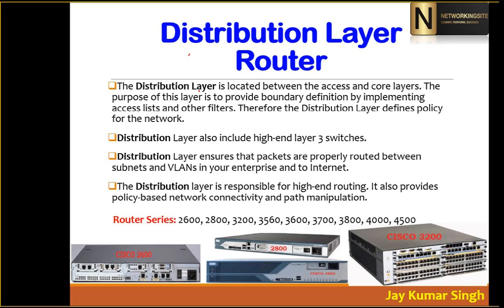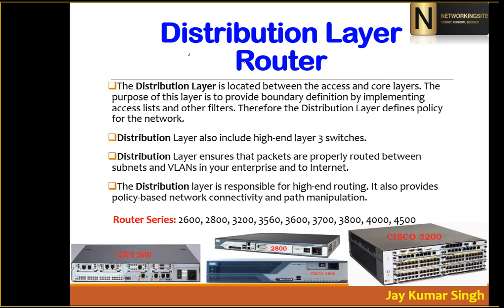Now the distribution layer: when you send data from your home and it reaches the ISP, it reaches the ISP's distribution layer routers, and the distribution layer router finds that I have to send data to India, to Nigeria, to the US. According to your packet's destination, it will send to the core and then the core will forward it.